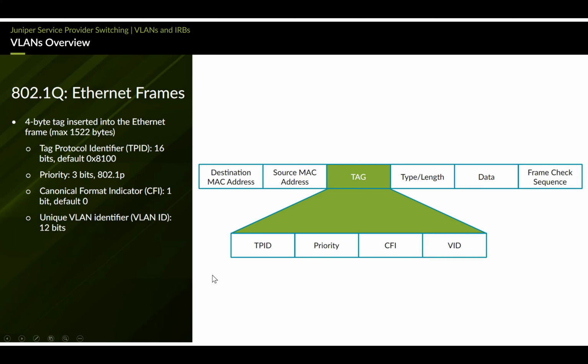VLAN ID will be 12 bits, that is 0 to 4095. VLAN IDs 0 and 4095 are reserved, and we can use VLANs 1 to 4094 in our production network. Most devices use VLAN 1 as a default VLAN, but in Juniper, there is no default concept.